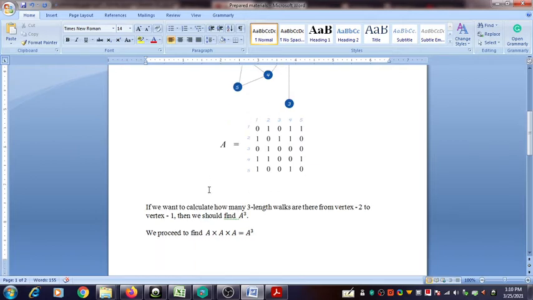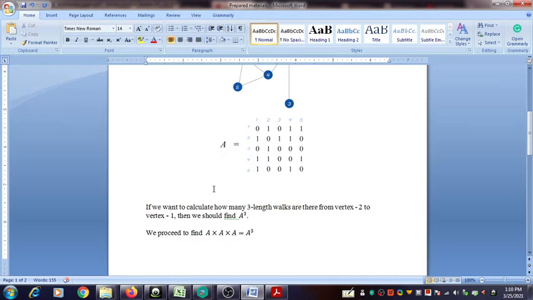But the important thing we are going to discuss is the way to obtain the number of walks. Suppose a question is asked: how many walks of length 3 are there between the vertex 2 and the vertex 1, or from the vertex 2 to the vertex 1?